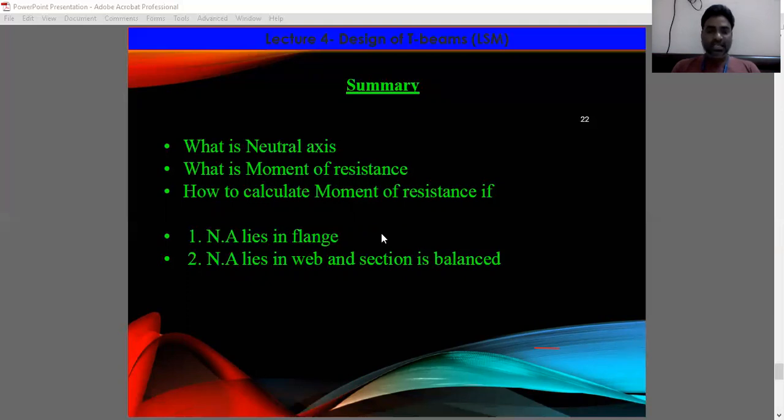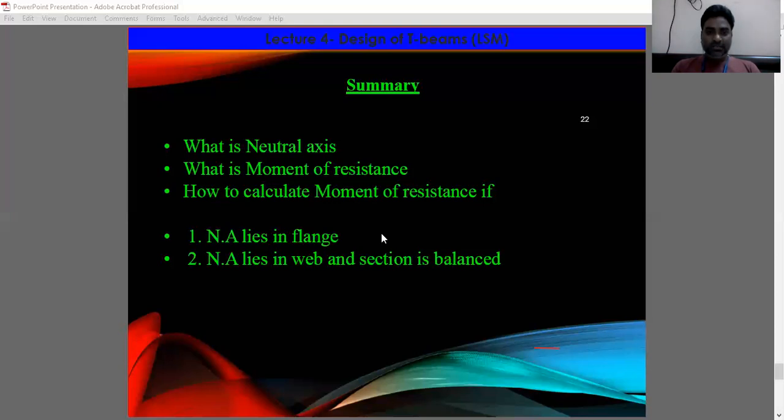And if the Df by d is greater than 0.2, that means the stress within the thickness of flange is not uniform. Therefore, there are different procedures we need to follow to determine the moment of resistance, right?